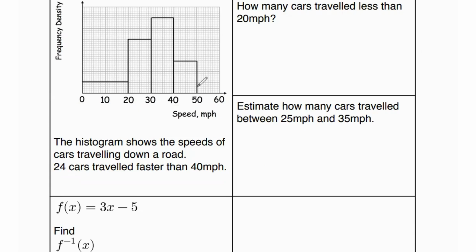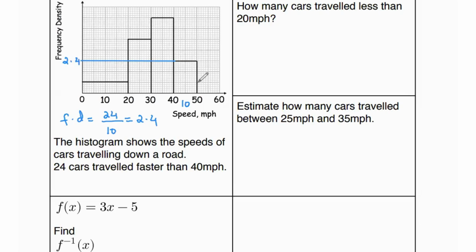So this has a class interval of 10. So if you try to find the frequency density for this, frequency density is going to be 24 divided by 10, which is frequency over class width, and that's 2.4. So this bar over here has the value of 2.4.